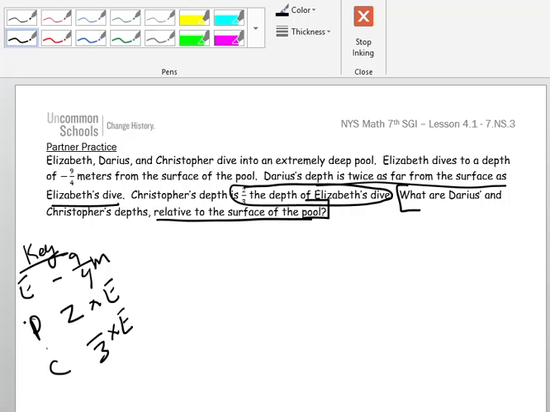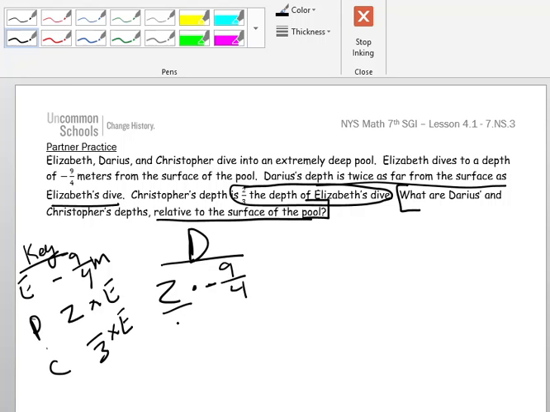So let's first do Darius. 2 times negative 9/4.